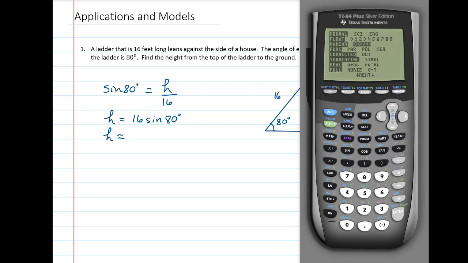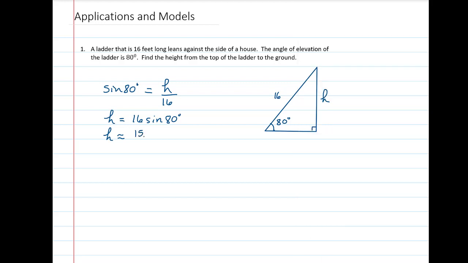We want to change that to degrees and then plug it in, right? So we have 16 sine of 80 degrees. This is already in degrees, so it'll understand that 80 is degrees, and then we'll get 15.8 if we round to one place. And this is feet, by the way, guys. So don't forget your units here.